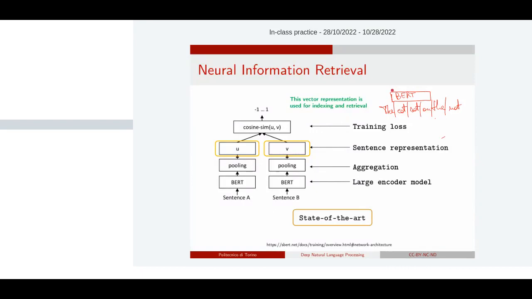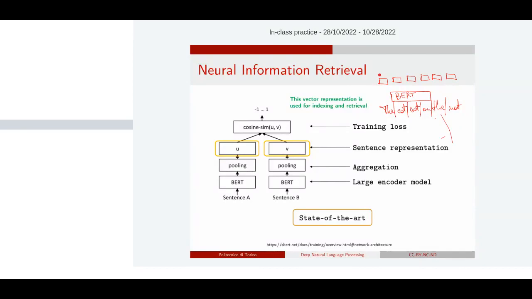At the output of BERT, we have a vector representation for "the", a vector representation for "cat", "sat", "on", "the", "mat". So we have 6 tokens, or 6 vector representations, one for each token. In this case, a token is a word, but you can generalize this.